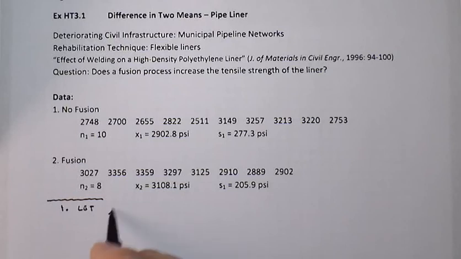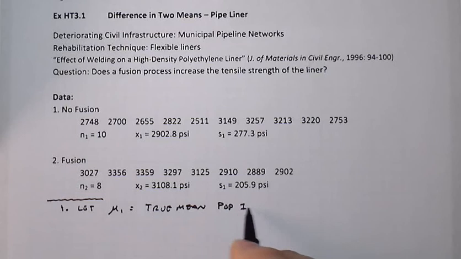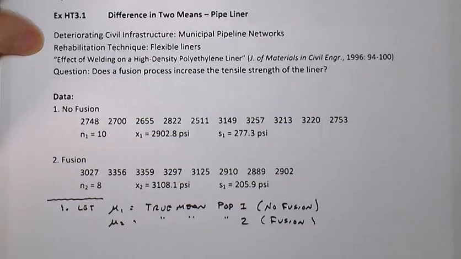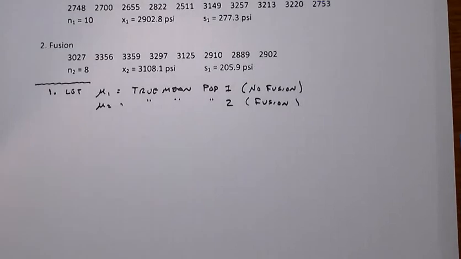Let mu1 be our designation for the true mean of population 1, that's the no fusion process. And of course mu2 will be the true mean associated with population 2, that's the fusion process. That notation is important just to clarify it. It doesn't matter if we use 1 or 2, but we want to be consistent with what we have up at the top, with how we define the data.